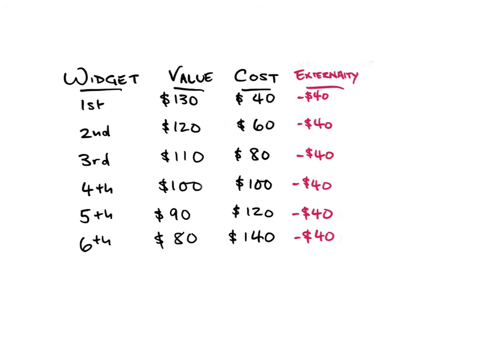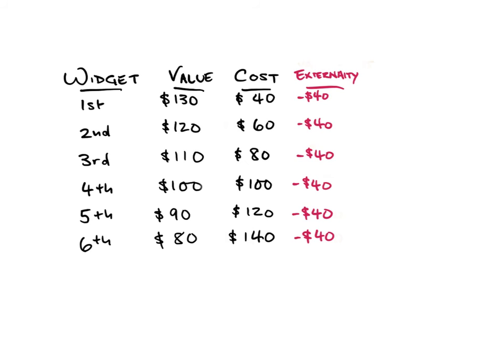Okay, so let me talk about my market, the same market that I did earlier with the widgets and different people who produce widgets. And imagine there is a negative externality.